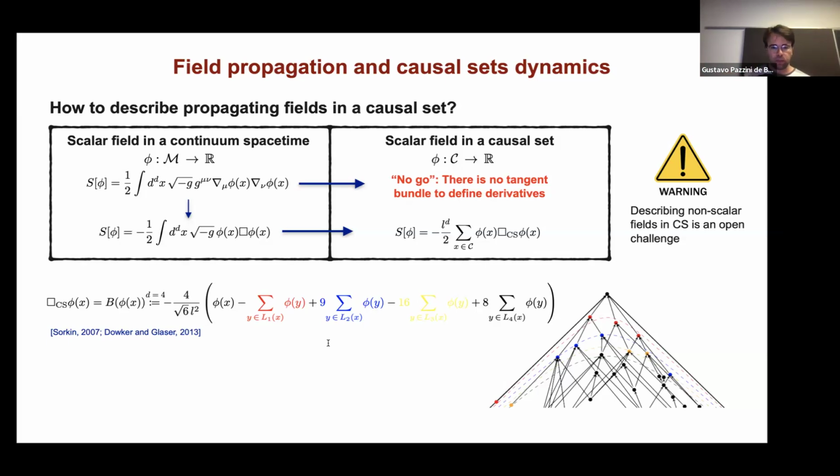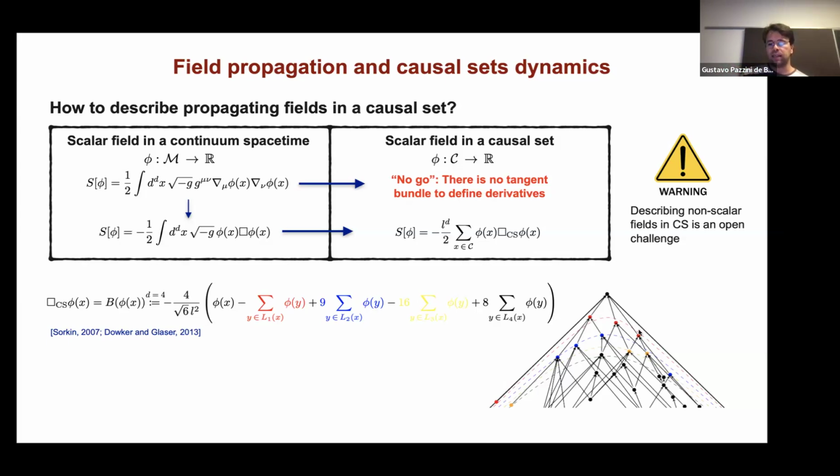Let me try to explain what is the idea of layer here. In this drawing, this black point at the top is the point X, where I'm evaluating my scalar field.